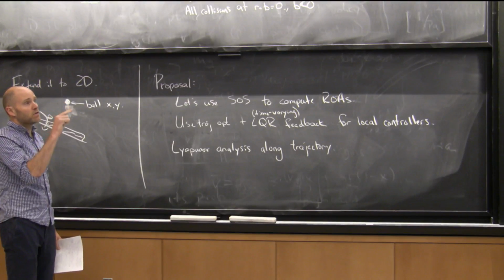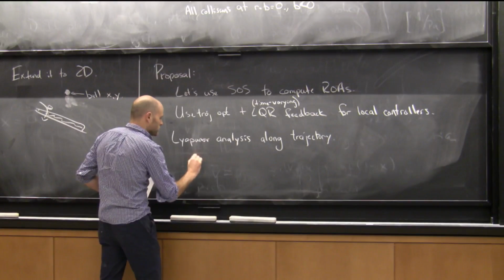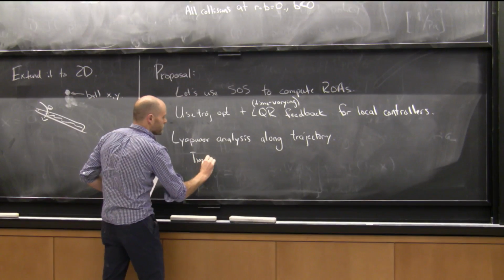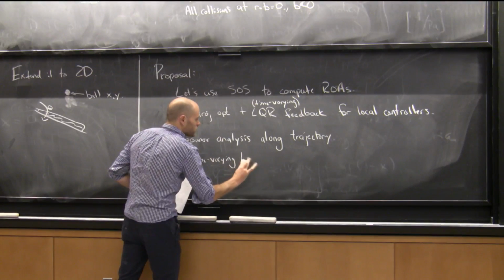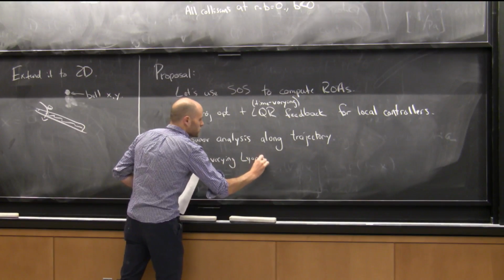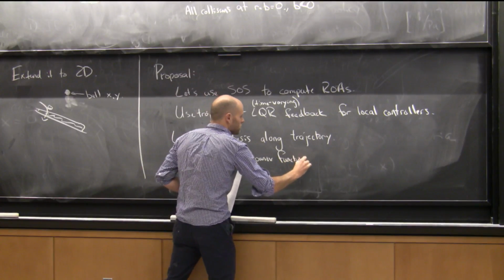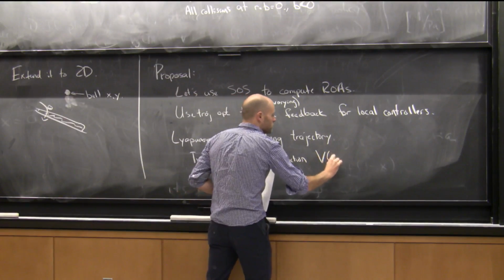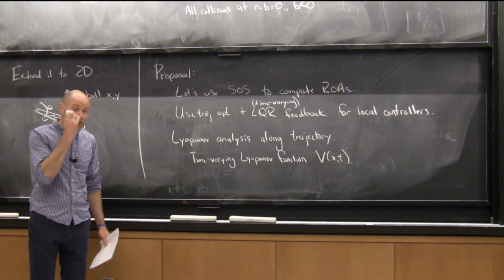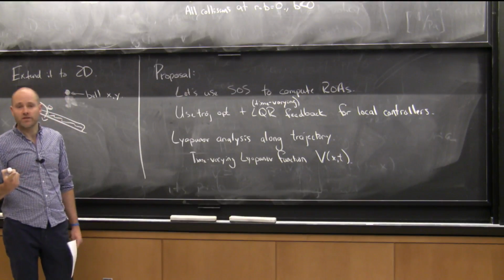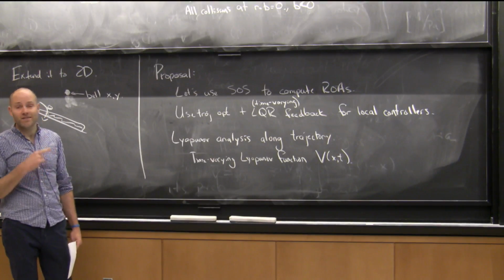So we talked about that you can have a time-varying Lyapunov function, right? But so far, the word region of attraction is restricted to this notion of stability, where the trajectory is not stable.